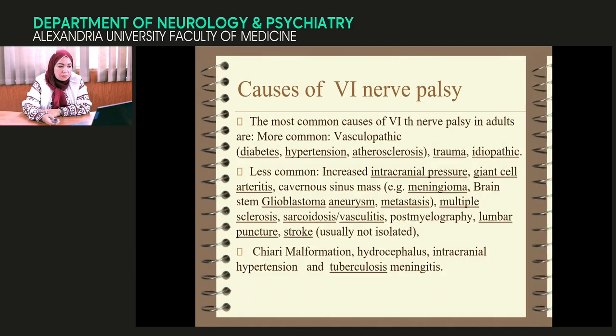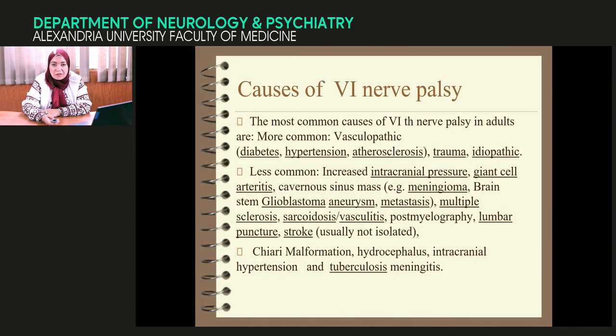Regarding the causes of sixth nerve palsy, the most common cause is vasculopathy, in cases of diabetes, hypertension, and atherosclerosis. Also trauma, any head trauma which can lead to a lesion of the abducent nerve. It may be idiopathic, without any cause: we searched for a cause but found none, so we say it is idiopathic.